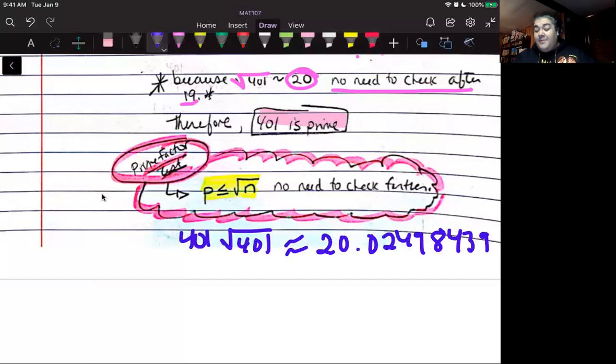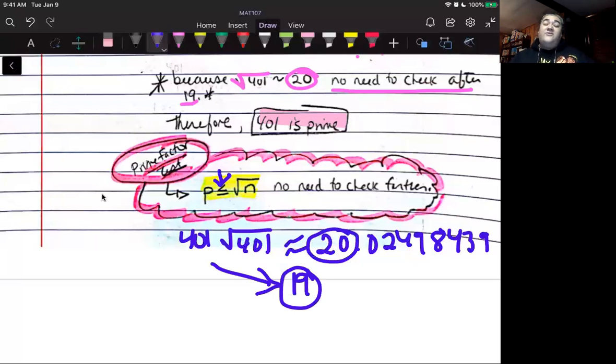So you can see that it's approximately 20. That's why this says less than or equal to. The nearest prime number that is less than or equal to 20 is 19. It is less than 20, and that is the closest prime number. So that means I do not have to check beyond 19.